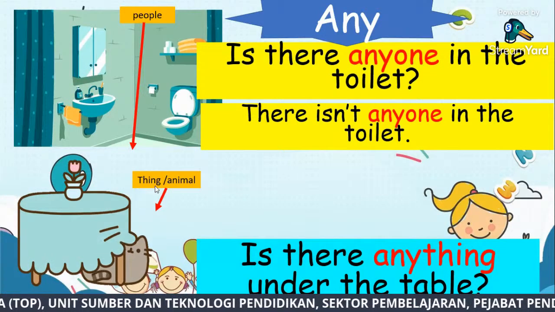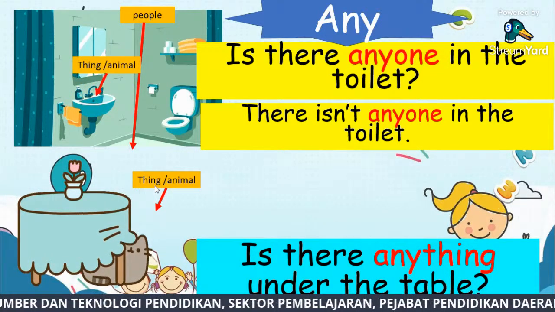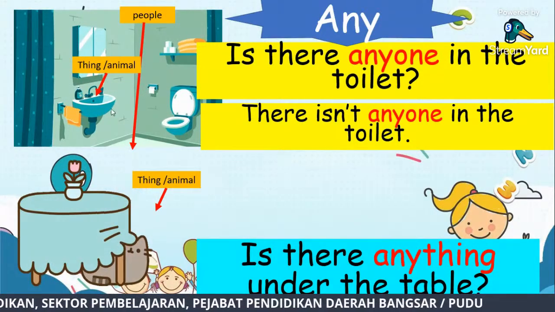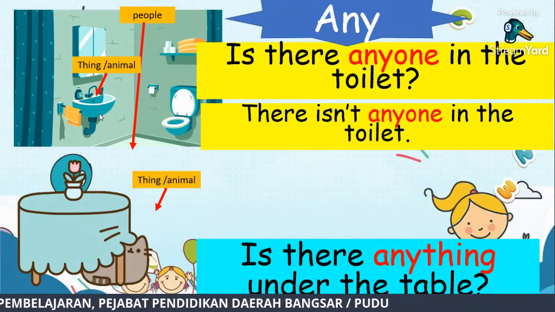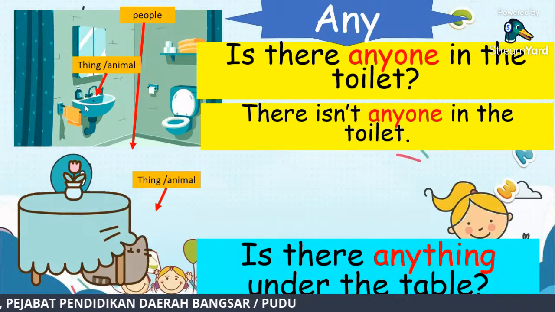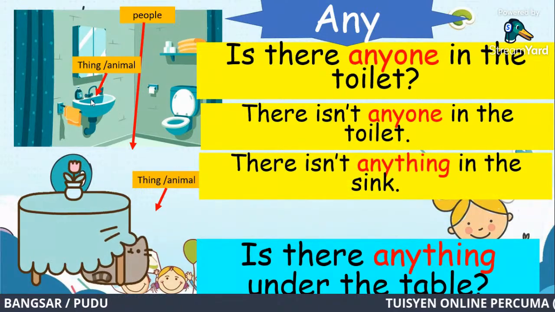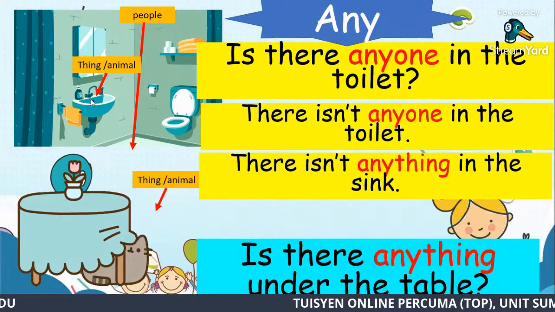Now, another one more. When you want to describe a thing or an animal here, which we're showing is in the sink, maybe, how are you going to say that? There isn't anything in the sink.